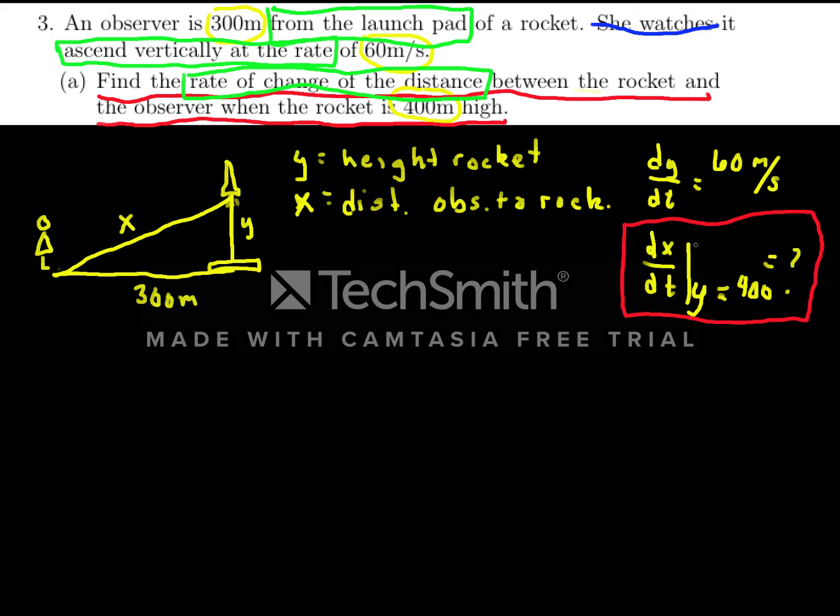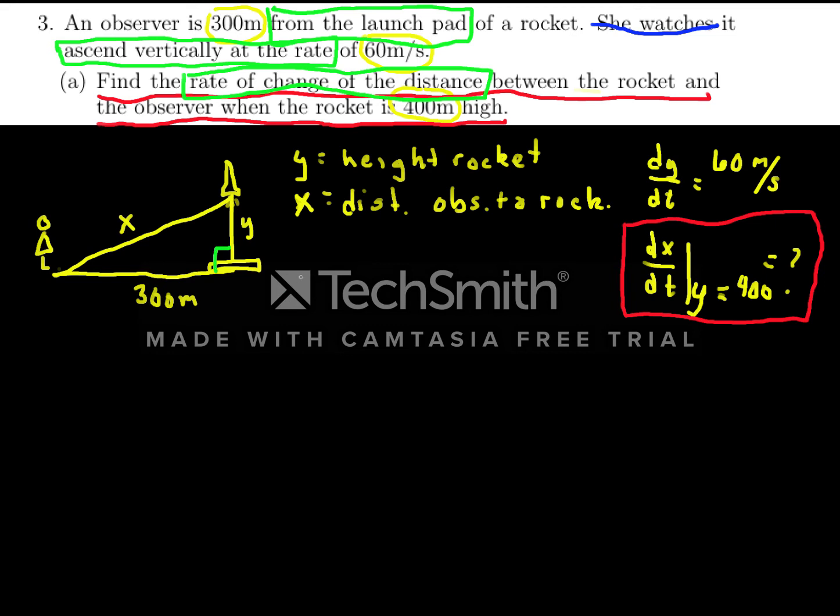So great, we've organized all of the facts from the problem into variables and different relationships. However, we don't have a relationship yet between x and y, but the picture should be incredibly suggestive that again we have a right triangle.